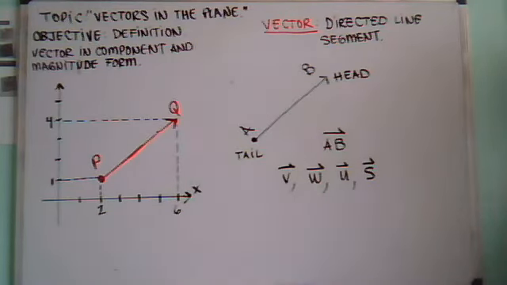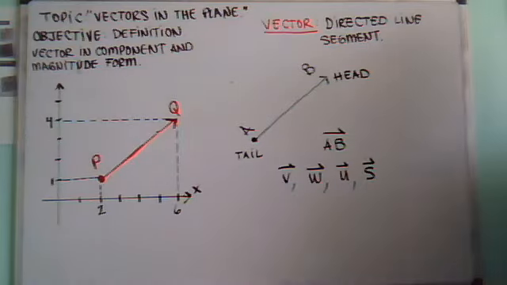Now we are going to talk about important information about vectors, the component of a vector. So how can we write a vector in component form?